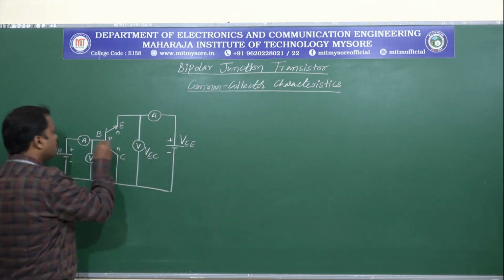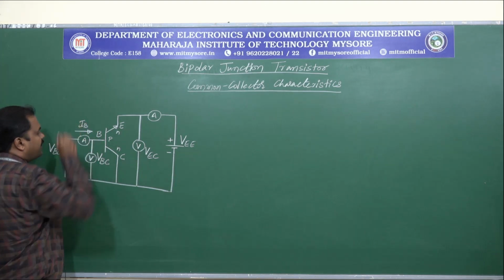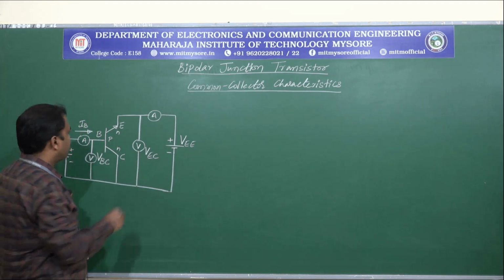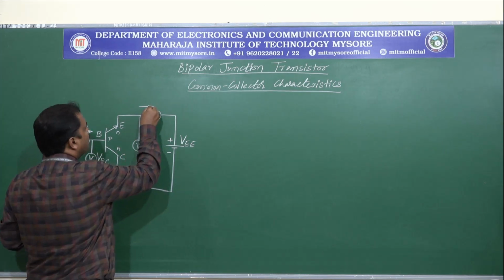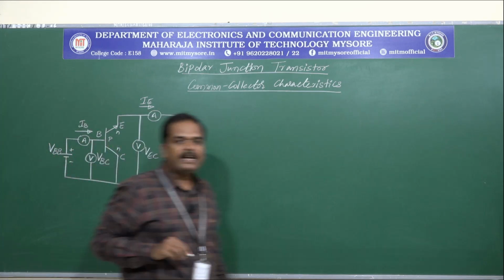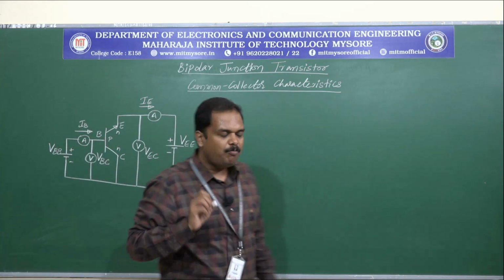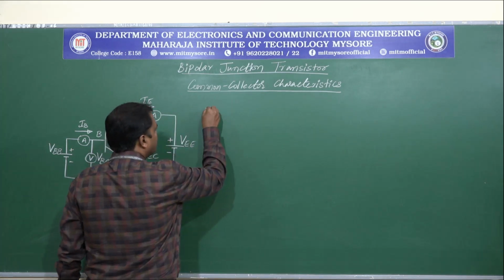So this is going to give us the base current IB. Likewise, this is going to give us emitter current IE.